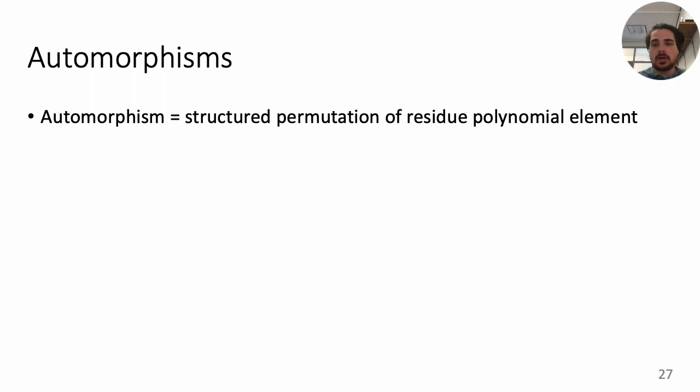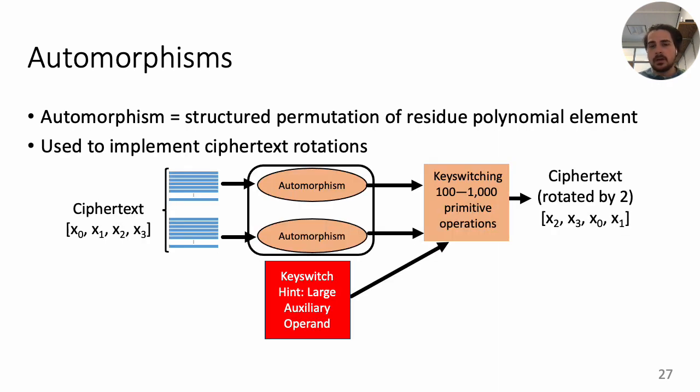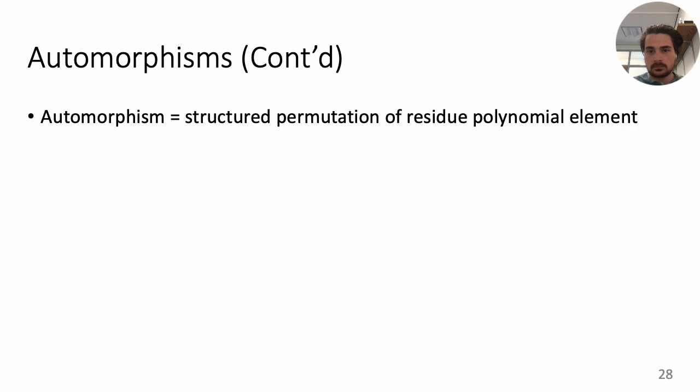Automorphisms are a very general concept from abstract algebra, but in the context of FHE, automorphisms are used to implement rotations of encrypted values. So here we see the data flow for implementing a ciphertext rotation. In the context of FHE, automorphisms are roughly just very specific permutations of coefficients.